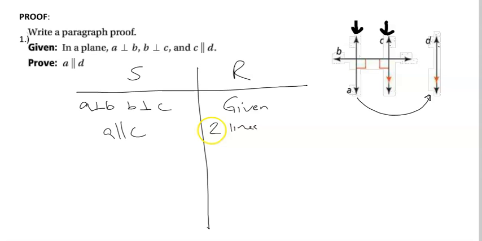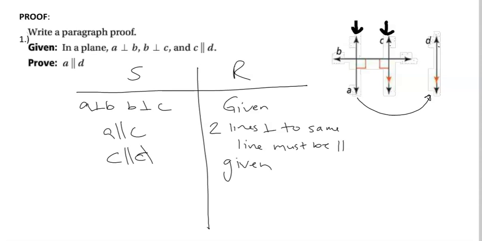Two lines perpendicular to the same line must be parallel. That's fine. We also know that C is parallel to D because that's given.